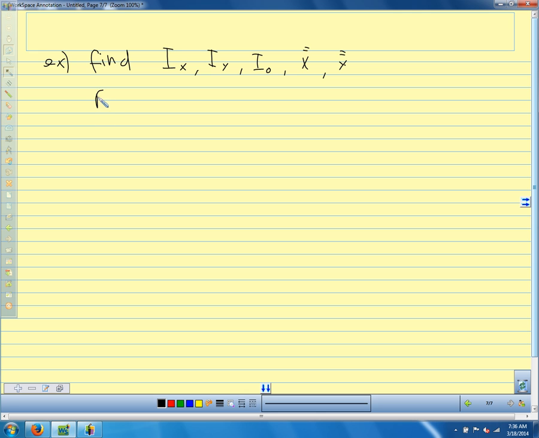And our region is the set of xy such that y equals x squared, y squared equals x, and our rho is x squared plus y squared.